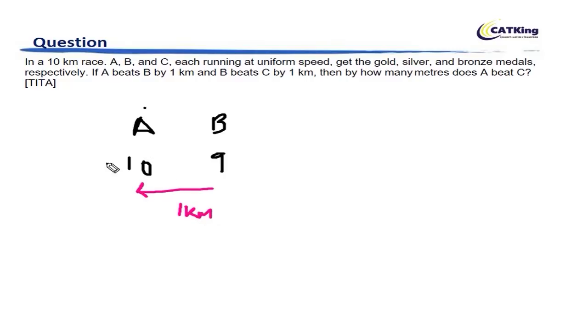In the same amount of time, A covers 10 and B covers 9. Similarly, for B and C, in the same amount of time as B covers 10, C covers 9, therefore B beats C by 1 kilometer.